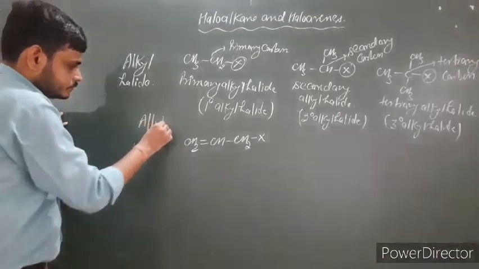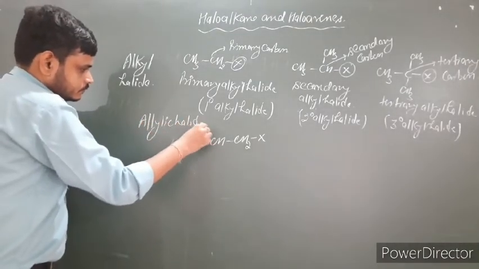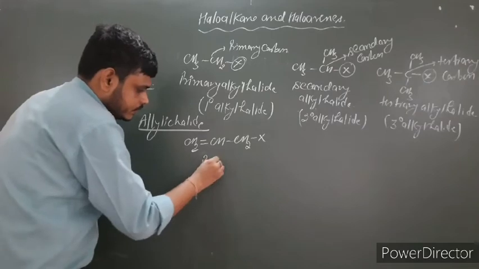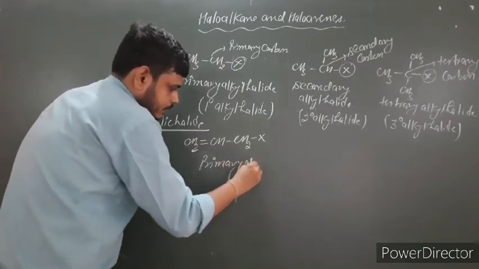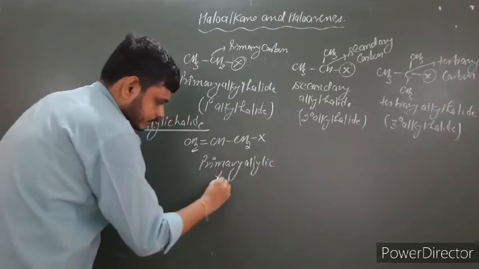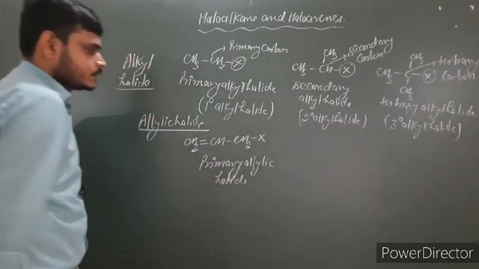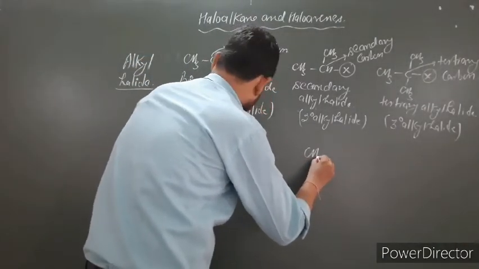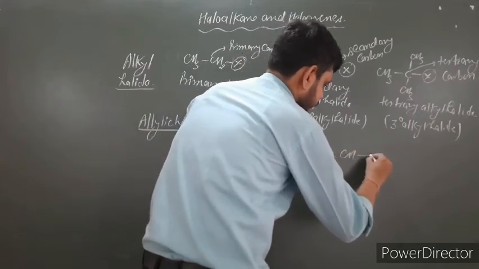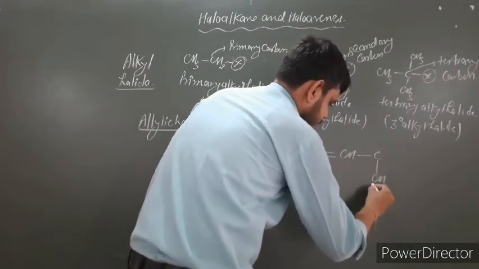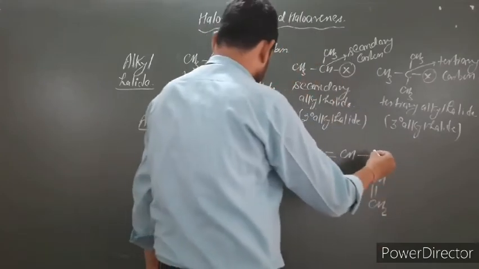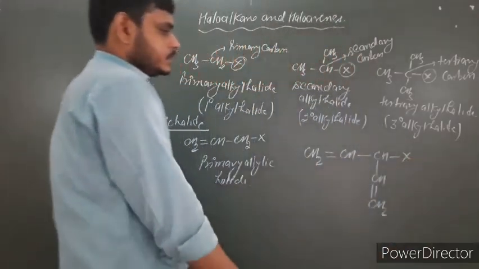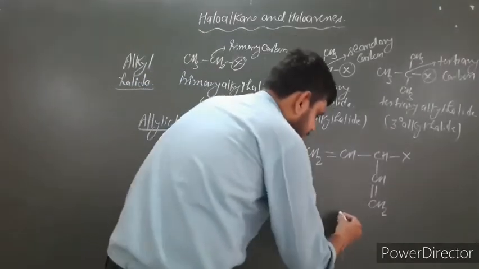Allylic halide. This is the first degree, that is the primary allylic halide. Clear? This is the secondary allylic halide.